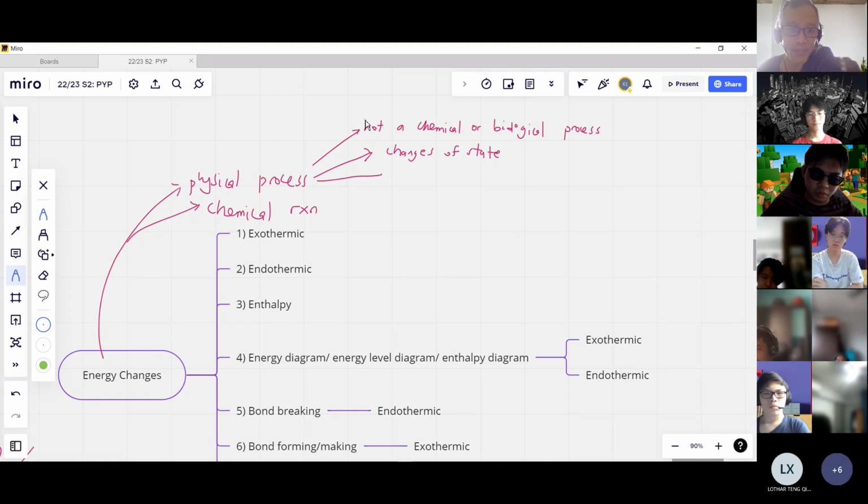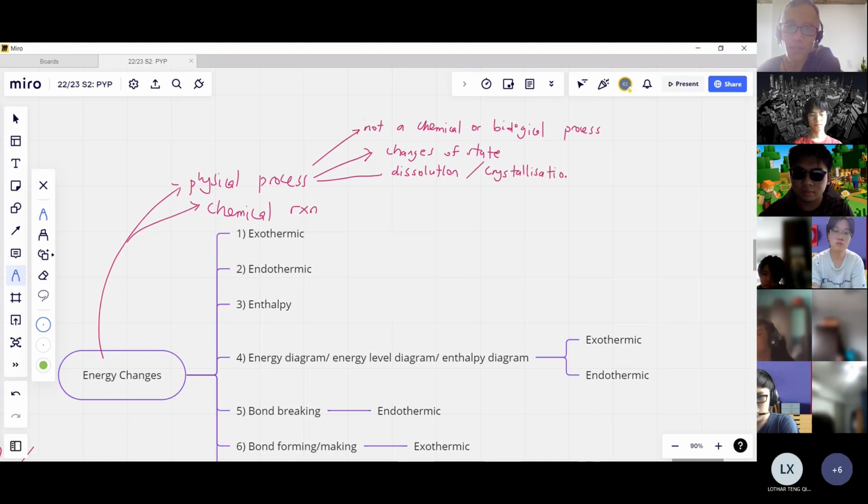And there are others as well, like for example dissolving, or I'll use the word dissolution. It's a physical process when you dissolve something. Crystallization. Hopefully you guys still have some inkling of what these processes are. So these are physical processes.